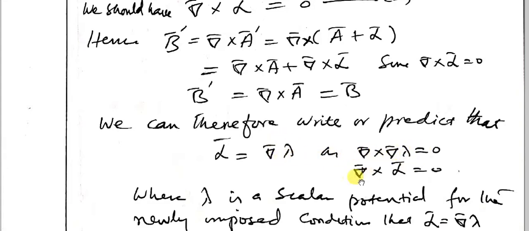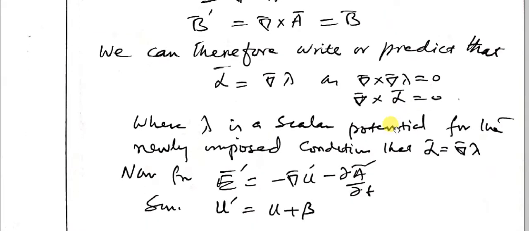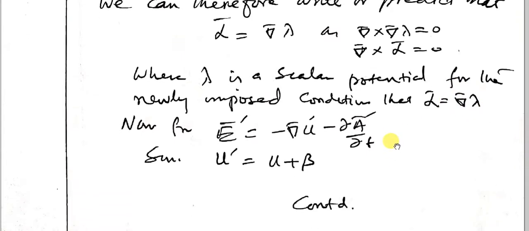Lambda is the scalar potential for the newly imposed condition that alpha is equal to gradient of lambda, or minus gradient of lambda. We can put that sign as well.